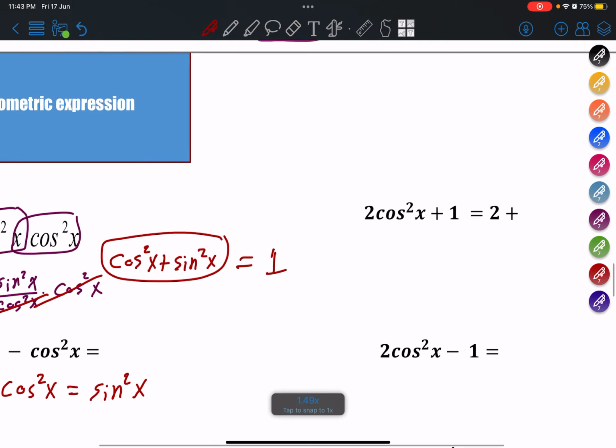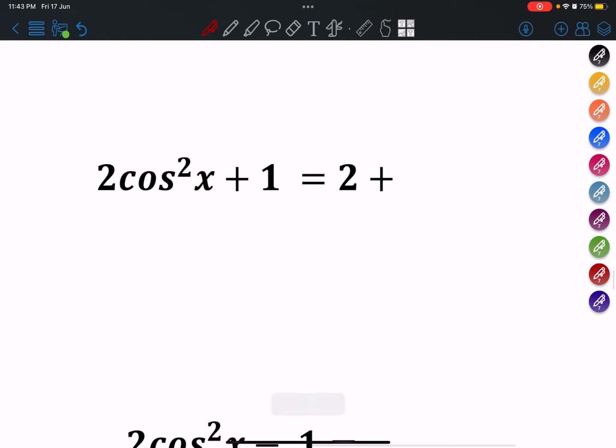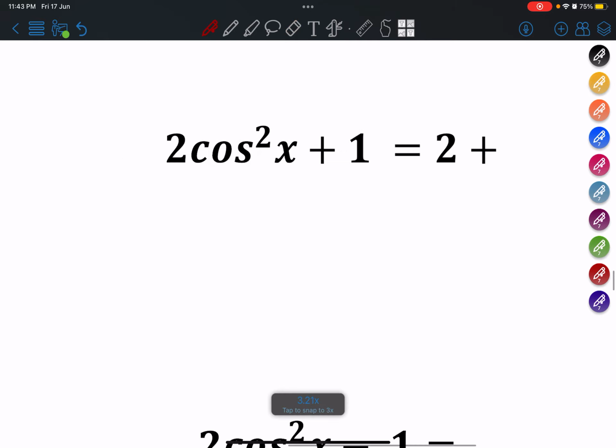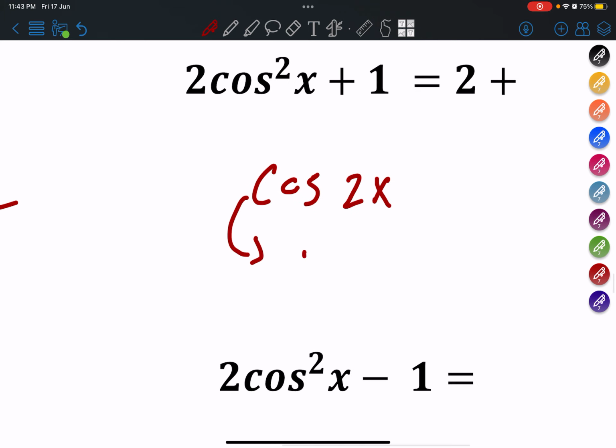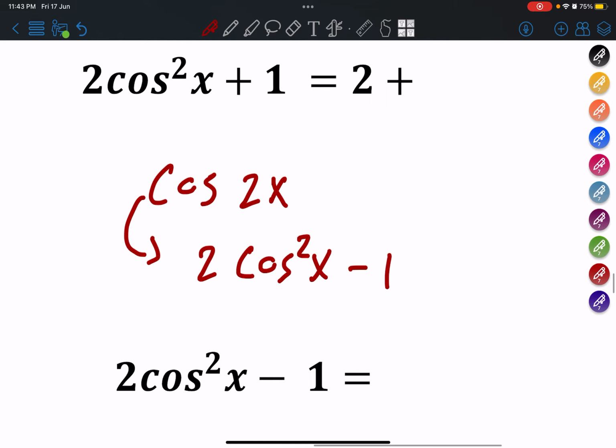Okay, let's go here. 2 cosine square x plus 1 is equal to 2 plus, okay, so first of all, we have to know that cosine of 2x, in terms of cosine, we said is equal to 2 cosine squared x minus 1.